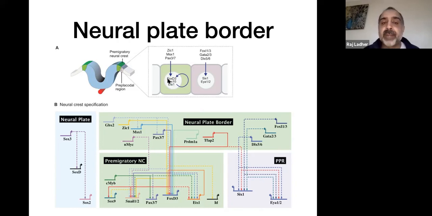The three main ones for our consideration are the transcription factor called FOXD3, this other one called SOX10, and ETS1, which are all important for setting up neural crest. Knockouts of any of these affect not the whole of neural crest development, but some aspects of neural crest development.